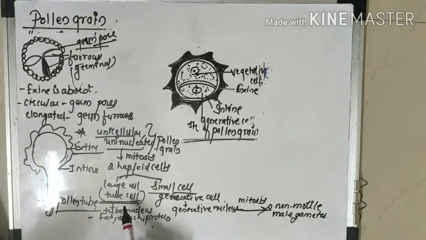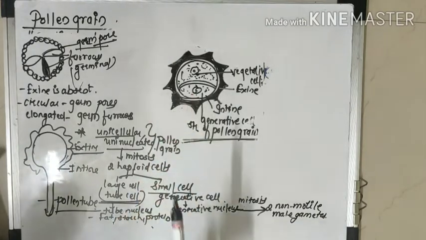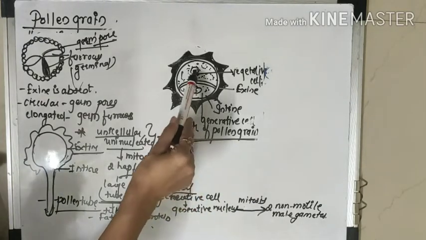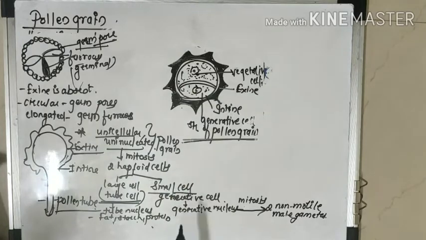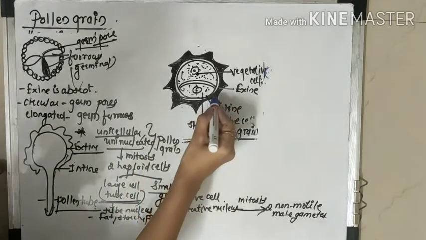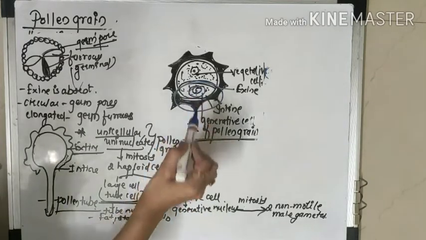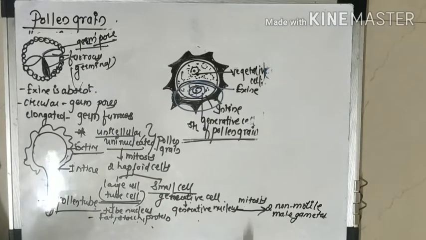So here you can see the large cell is the tube cell. The tube cell has one nucleus, called the tube nucleus. This small one is called the small cell, the generative cell, and it contains a small nucleus called the generative nucleus. This nucleus undergoes mitotic cell division to form two non-motile male gametes.